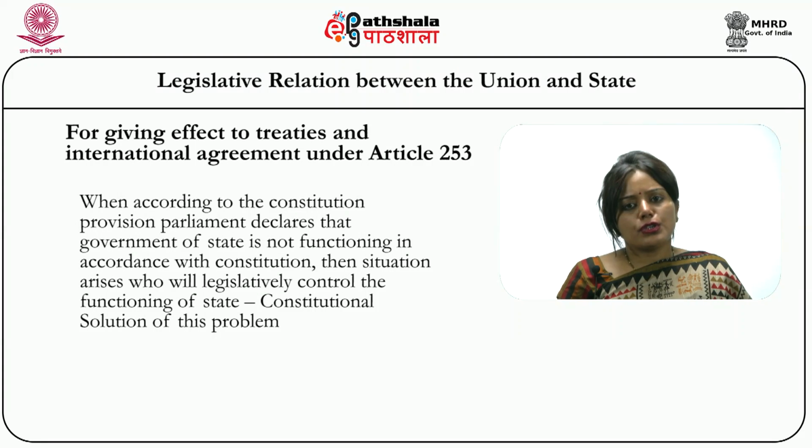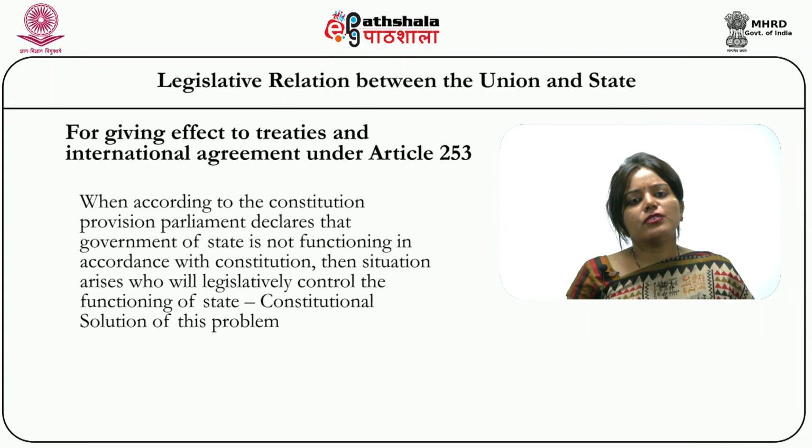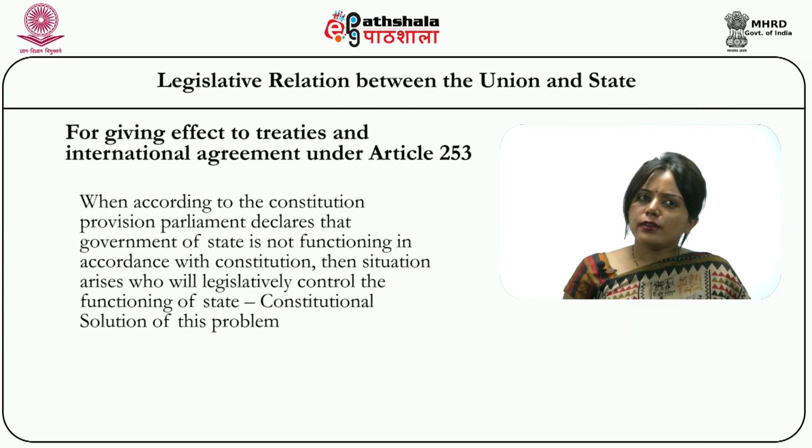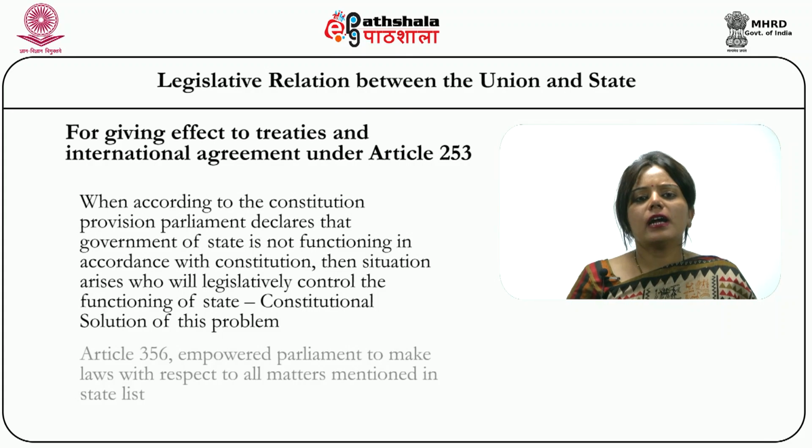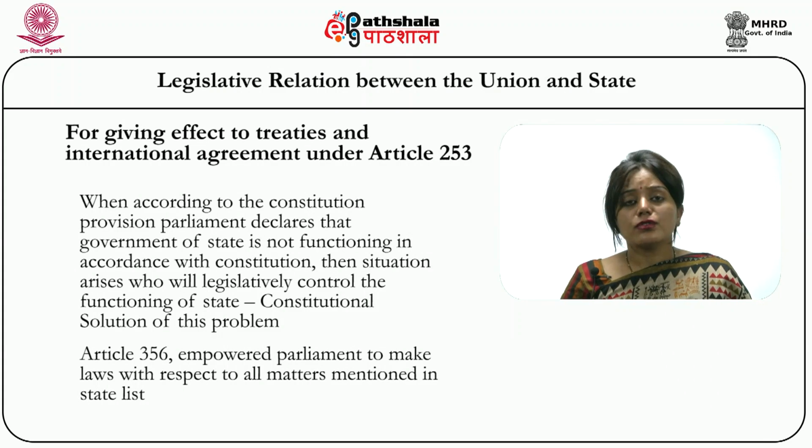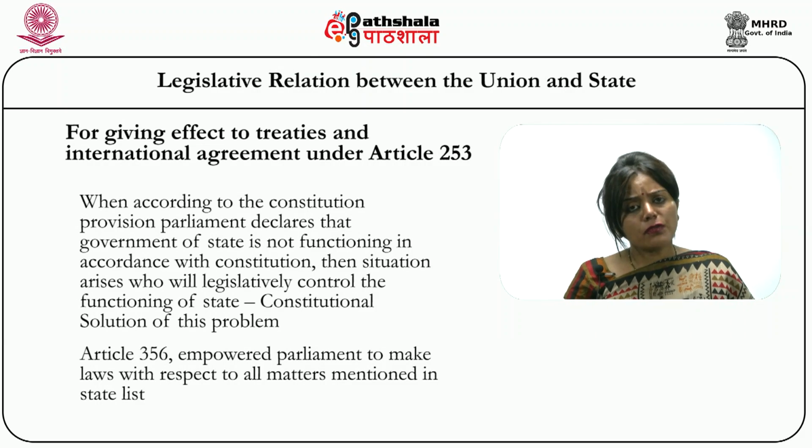When the government of a state is not functioning in accordance with the Constitution, then the situation arises of who will legislate and control the functioning of the state. This question is answered by Article 356, which is the constitutional solution to this problem. And you know that Article 356 empowers Parliament to make laws with respect to all matters mentioned in the State List.